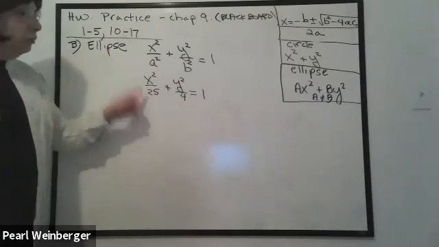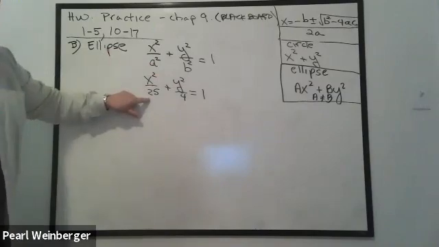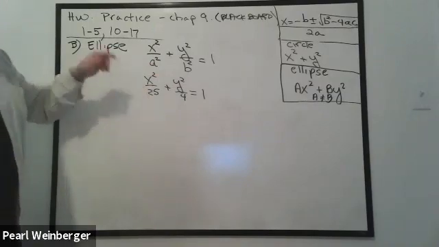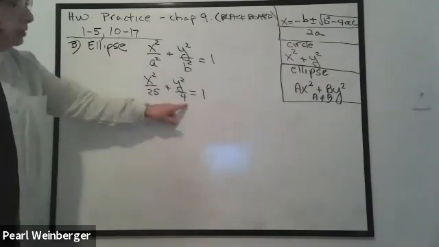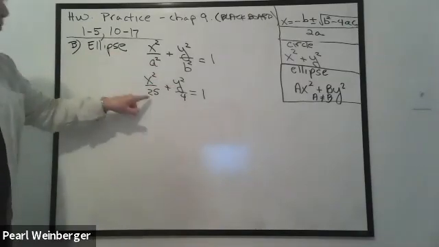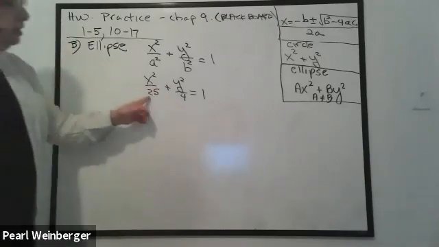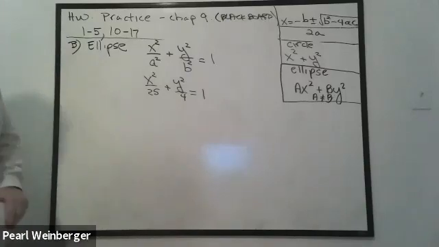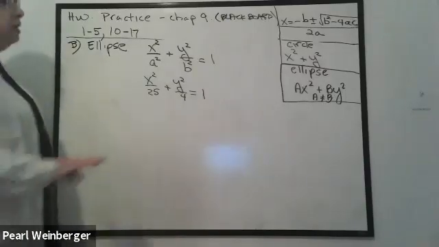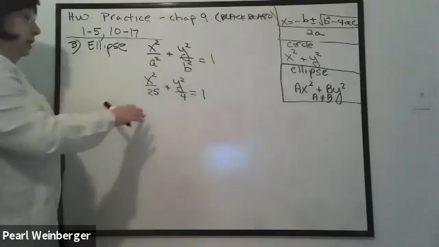They're either over something, a denominator, or there's a number in front of it. And those numbers are not the same. If this was a 25 and this was a 25, yes, that would be a circle. But when the numbers are different, then the coefficients are different, and what we get is not a circle, but an ellipse.